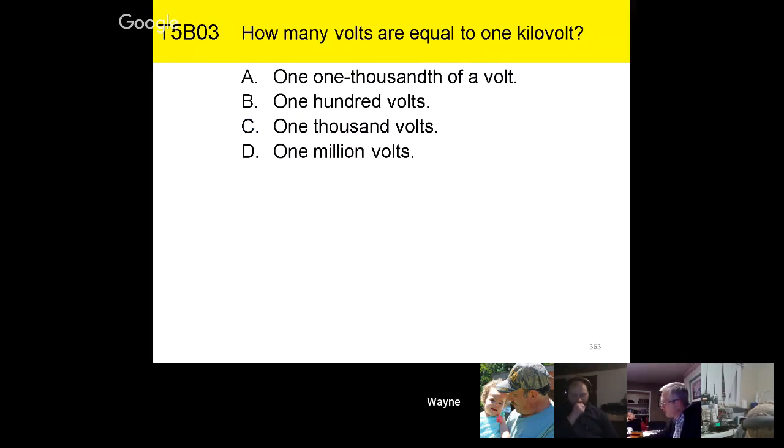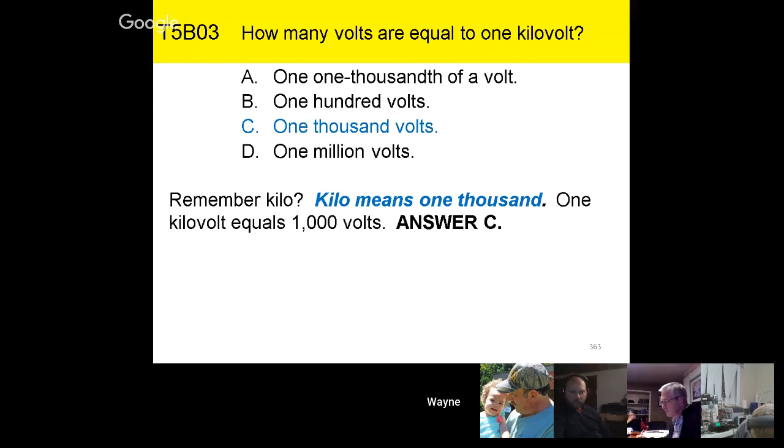How many volts are equal to 1 kilovolt? Well, we know that a kilo means 1,000. So in that case, it would indicate 1,000 volts. 1 kilovolt equals 1,000 volts. Answer is C.